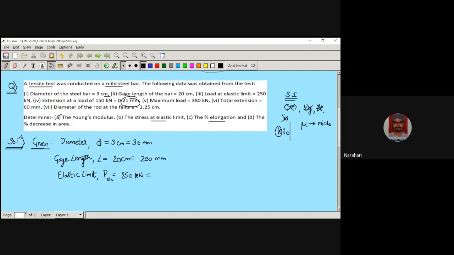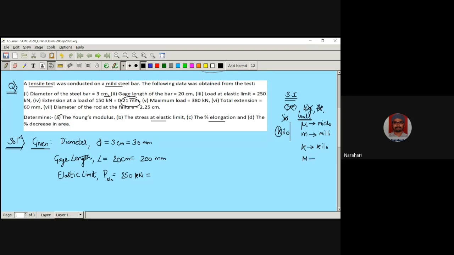This is micro, if you have small m, I am talking in terms of whenever you are writing prefixes to units. Small m is milli, then small k is kilo.